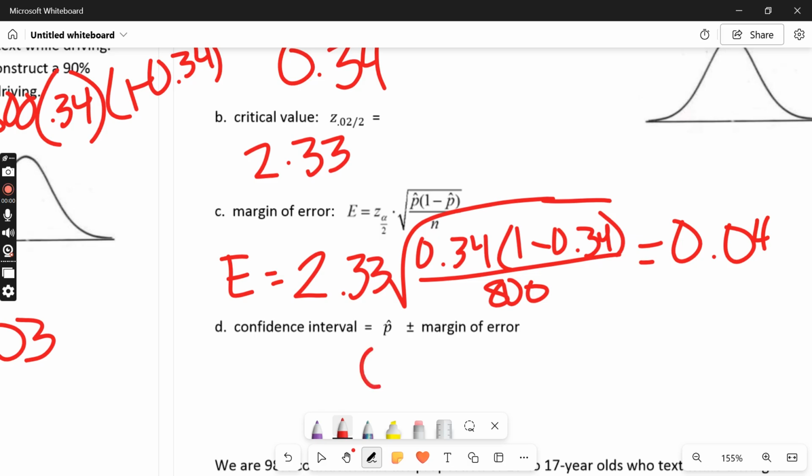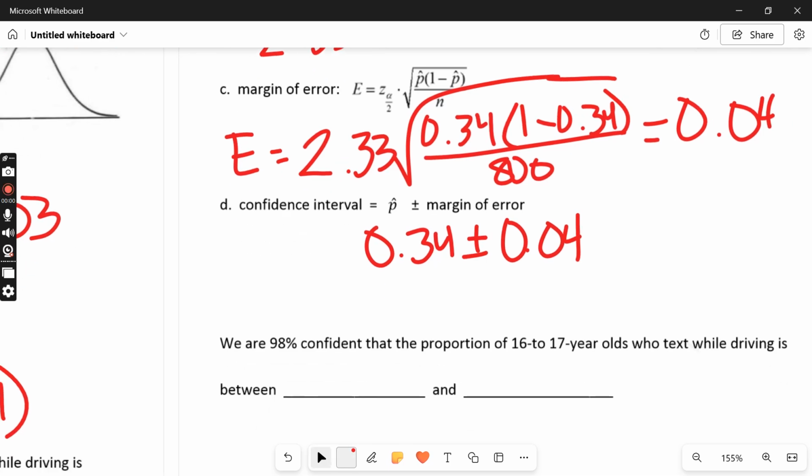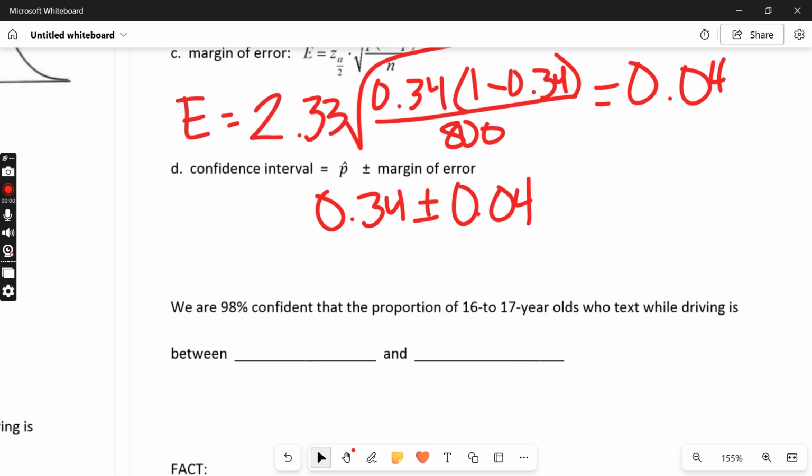Okay, so for the confidence interval, I'm still using my point estimate, plus and minus whatever we got for our error. So now we are 98% confident that the proportion of 16 to 17-year-olds who text while driving is somewhere between, I need to subtract, so 34 minus 4 is just 30.